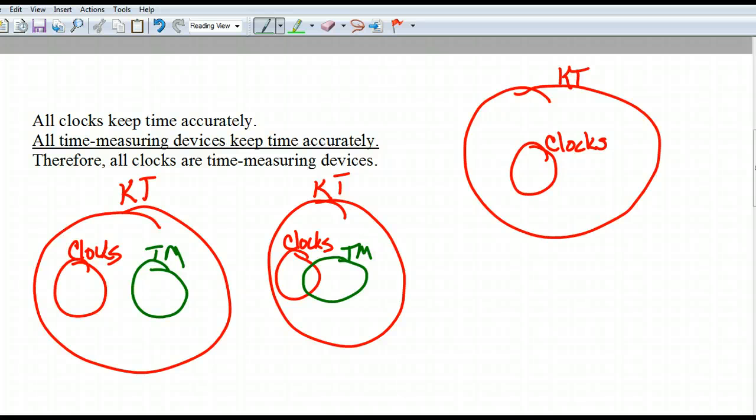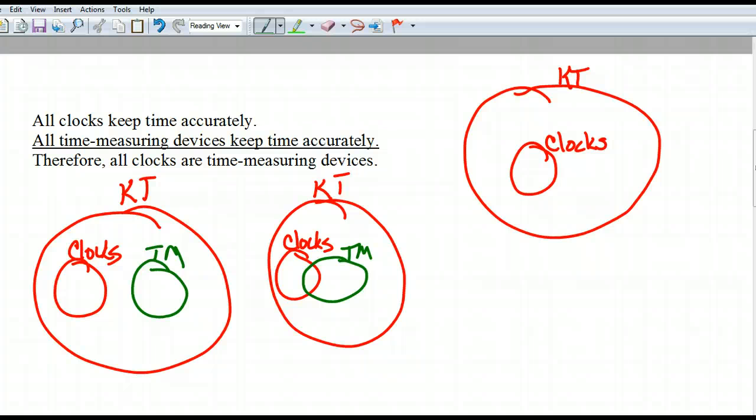I can think of one real life example that's a time measuring device that is not a clock. Can you guys think of one? A sundial? I would argue that's a clock. What kind of watch? No. I would argue that a clock is not a time measuring device because it tells you the exact time and you actually go through the calculations of how long it's been in your head.